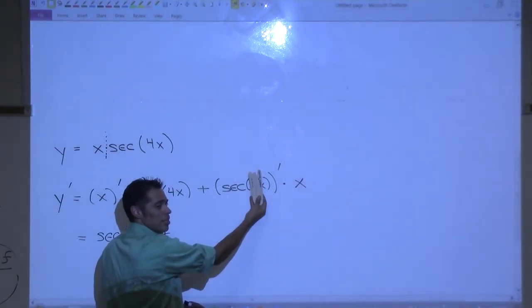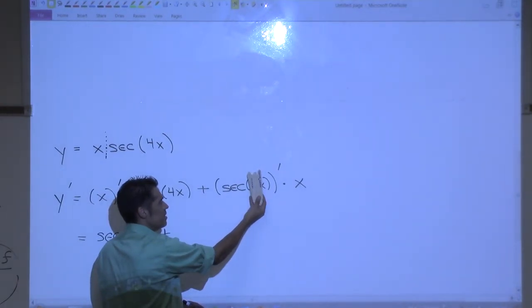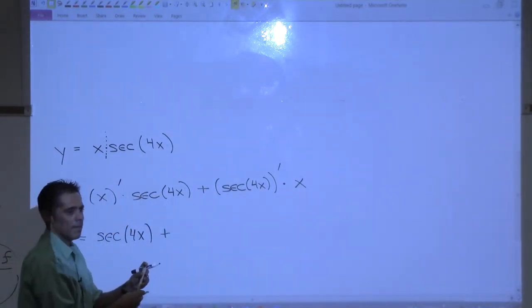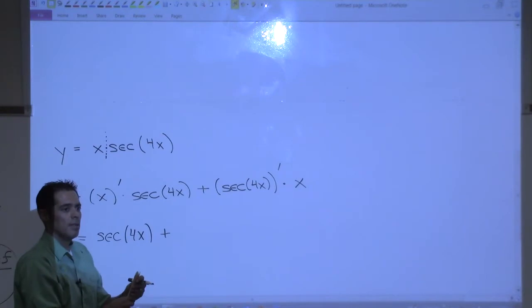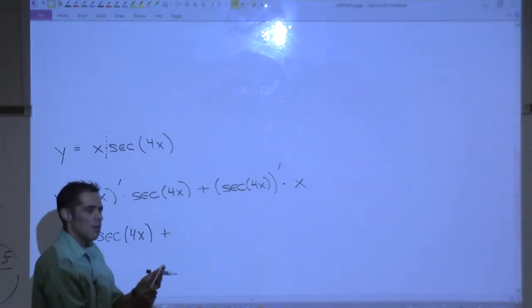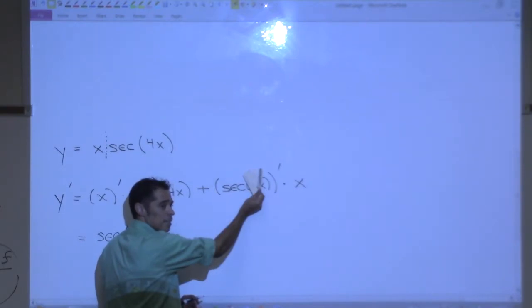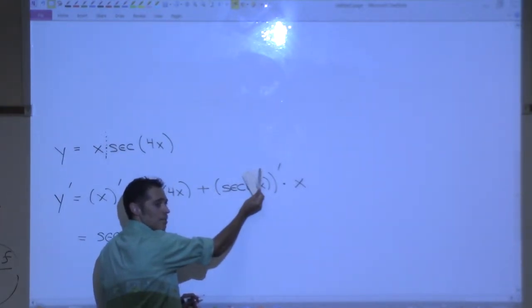Look at the sheet. Do you have the sheet? Look it up. What is the derivative of secant of a bundle of sticks? Secant x tangent x. So what is the derivative of secant of a bundle of sticks? Secant of a bundle of sticks times tangent of a bundle of sticks, right?